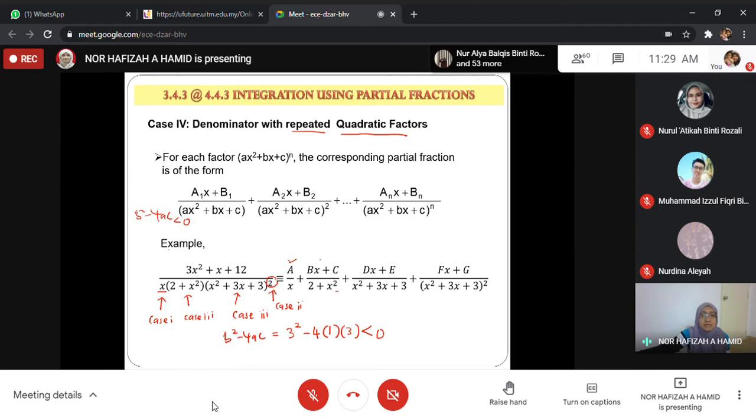The partial fraction must have a linear numerator, so we have Bx + C. For the third factor, we have x² + 3x + 3. Also irreducible, so your numerator is linear, Dx + E. But it is also repeated 2 times, so we have one here, and then another one again. So this is power 2, and the numerator is still linear, Fx + G. So if this were an example, you would need to calculate until the constant G, but this is just for example.